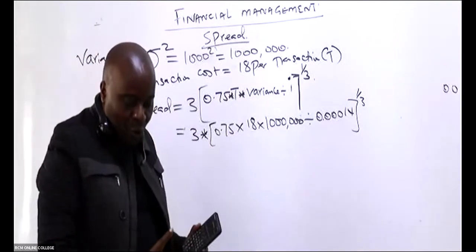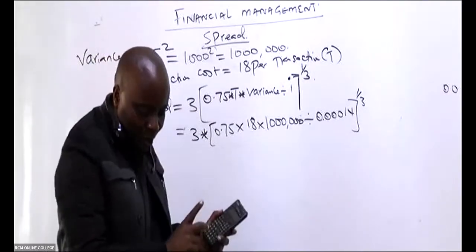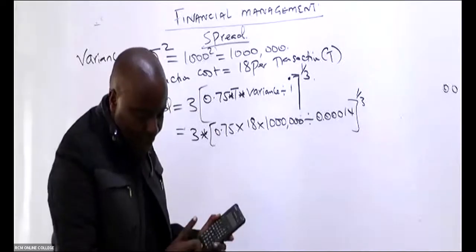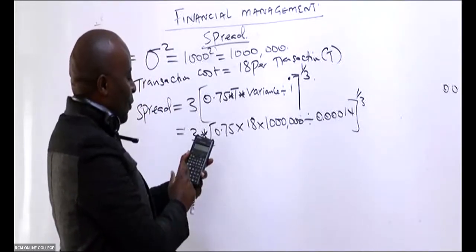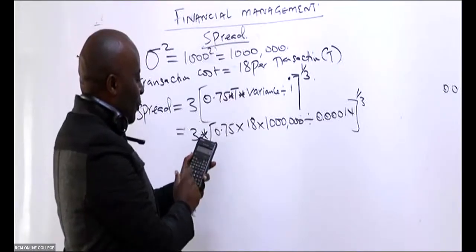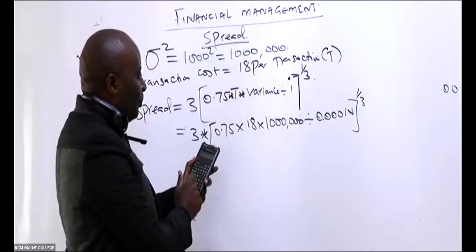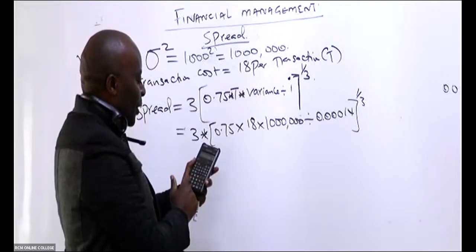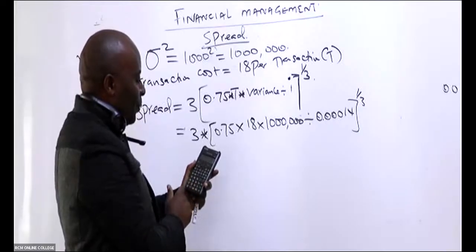So you start with what we have in brackets. We have 0.75 times 18 times 1 million divided by 0.00014. You say equals.